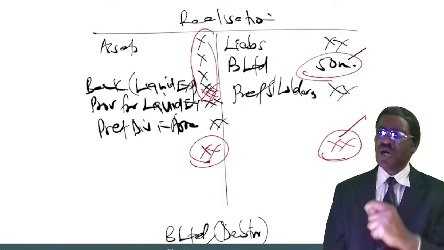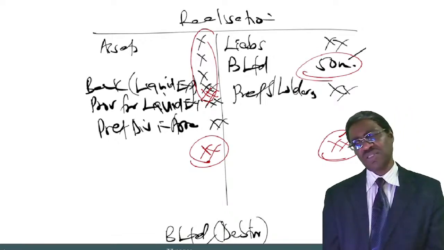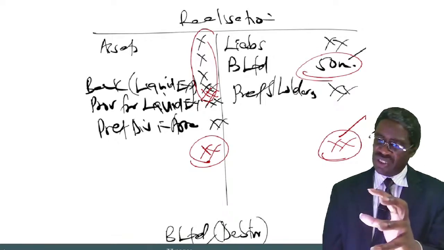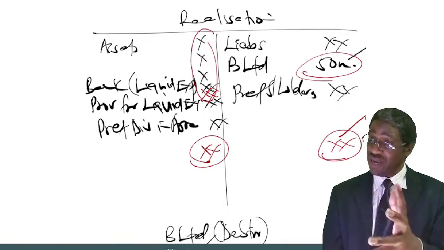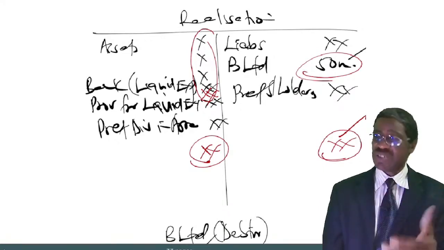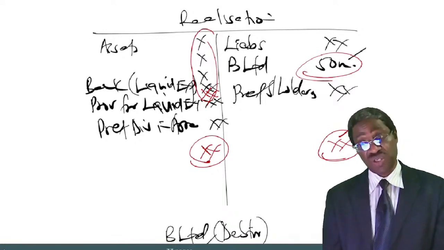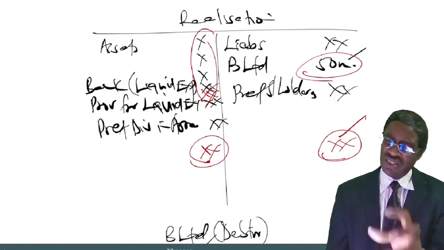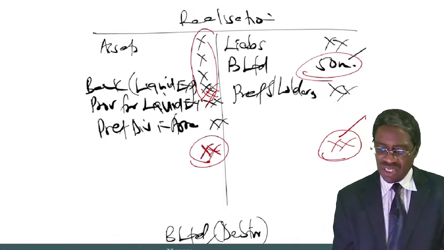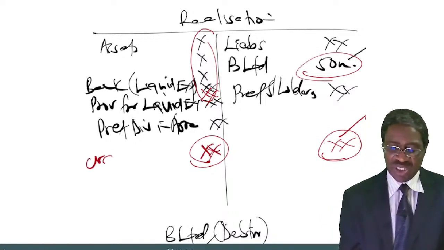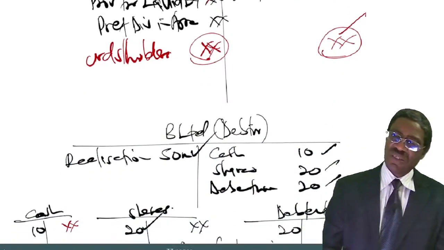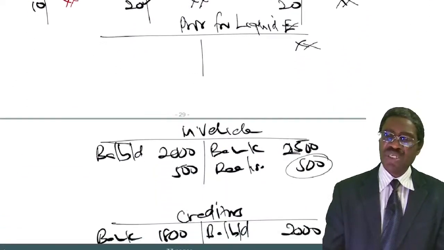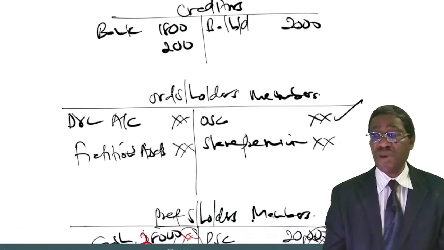Question is, who takes over that gain? Of course, it is the owners of the company who will take over the gain or loss on selling their business. Who are the owners? Ordinary shareholders. Let me assume we made a gain. We'll debit the realization and you'll credit the ordinary shareholders, members.